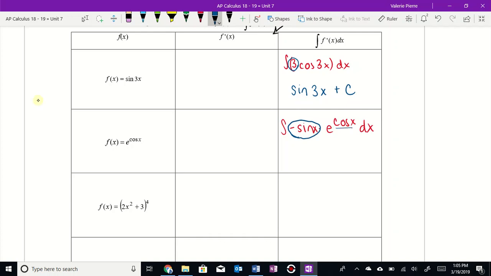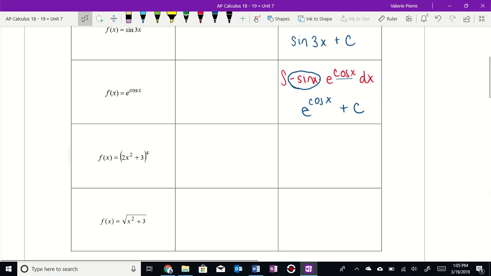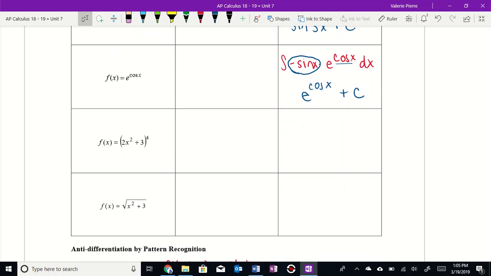So when taking the antiderivative, we just have to take the antiderivative of our outer function, which is e to the x. The antiderivative of e to the x is just e to the x, and we're going to keep our inner function. We'll do a lot more practice of this as we go along.